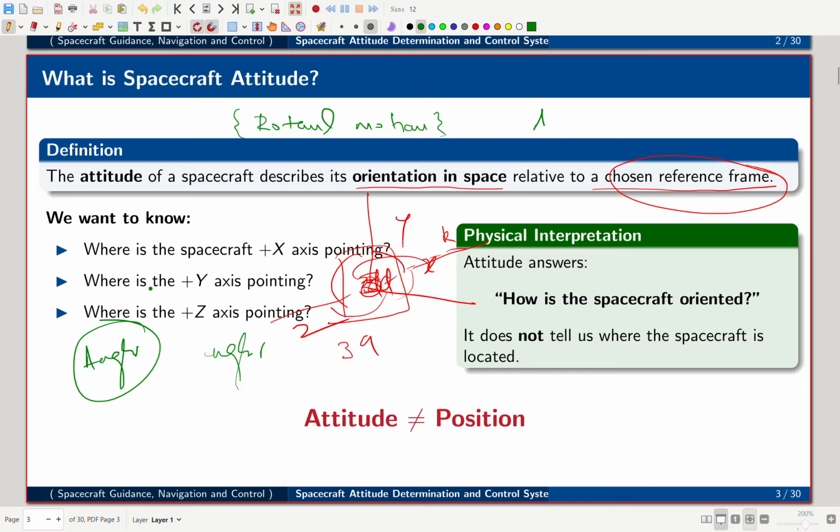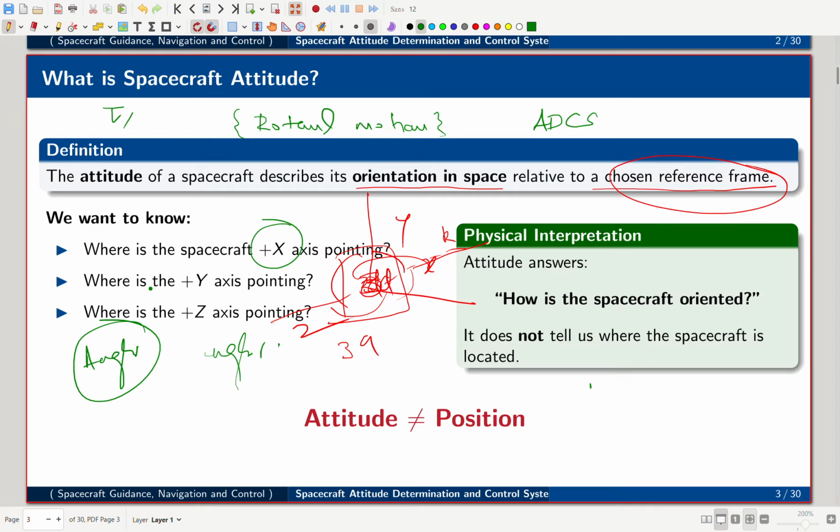So in the case of ADCS, we focus on rotational dynamics, right? Here torque and moment come into the picture. Hope you understood. Here is the spacecraft, and the plus x axis pointing. So we need to point, right?